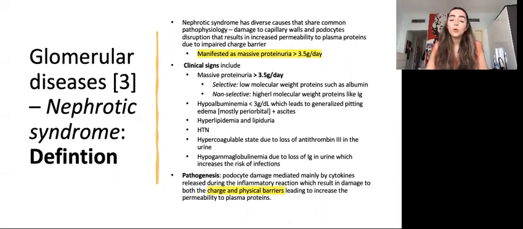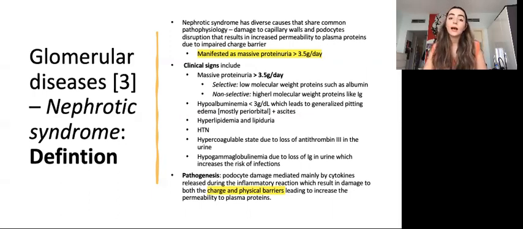Now, the hallmark manifestation of nephrotic syndrome is massive proteinuria of greater than 3.5 grams per day. This proteinuria can be selective, showing only low molecular weight proteins such as albumin, or non-selective, having higher molecular weight proteins such as immunoglobulins.